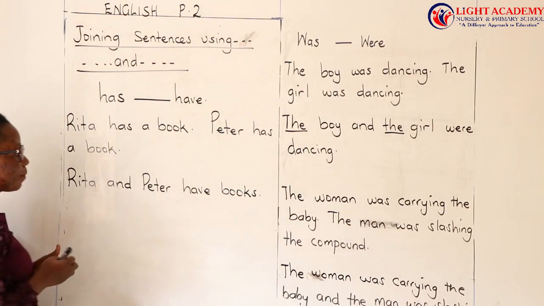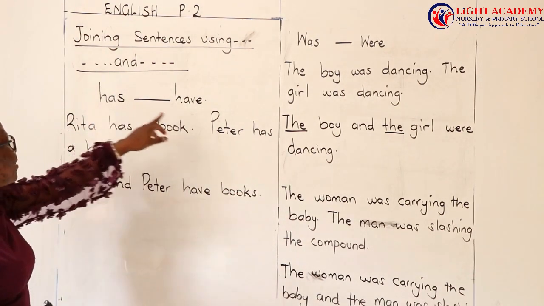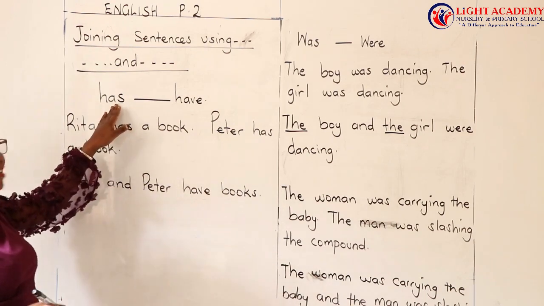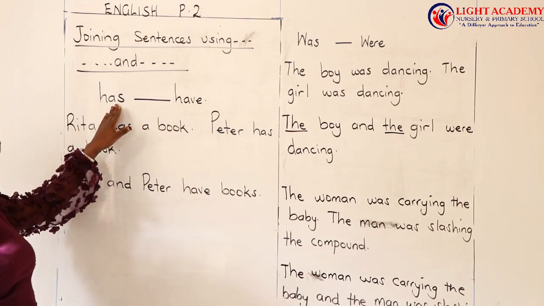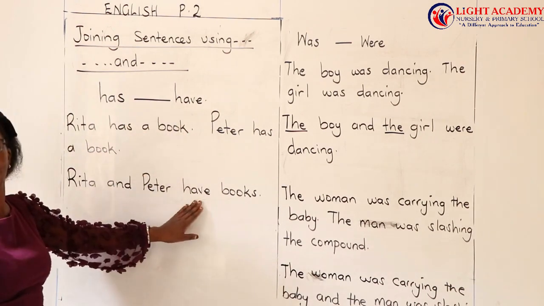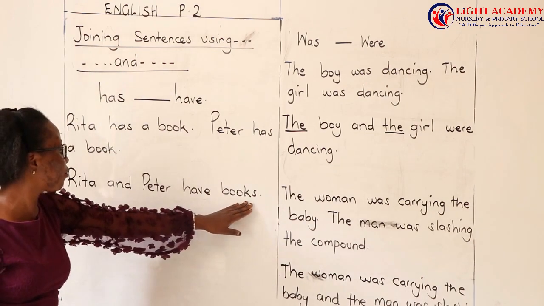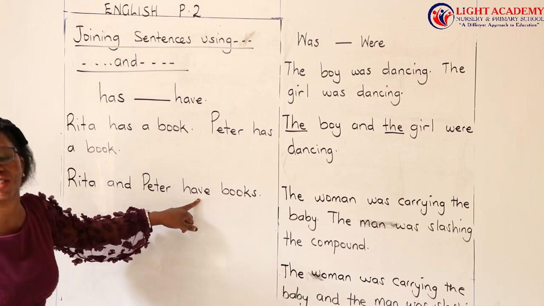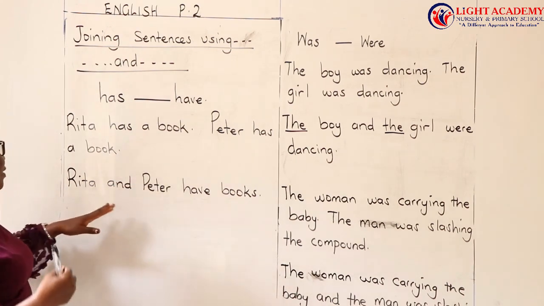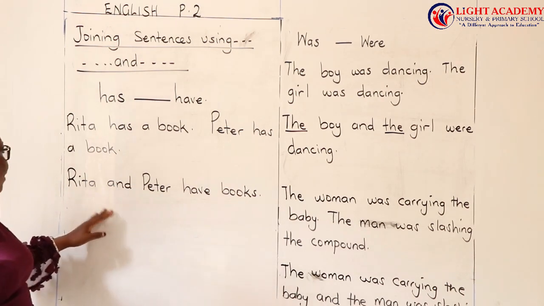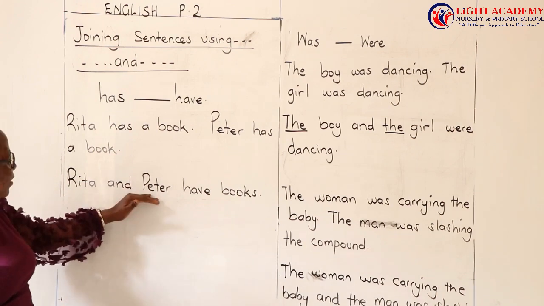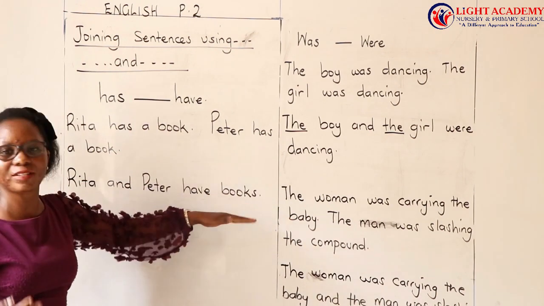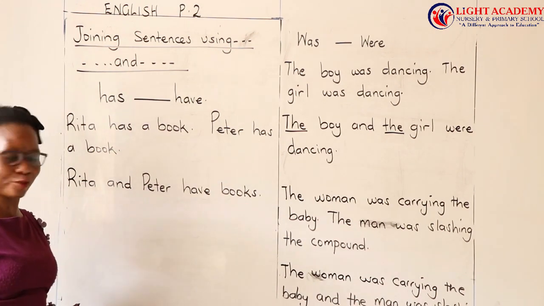Full stop. The has changed into have. Remember, has is singular and have is plural. So when they have books, the has will change into have. So let's read our sentence together. Rita and Peter have books. Full stop. Don't forget the full stop.